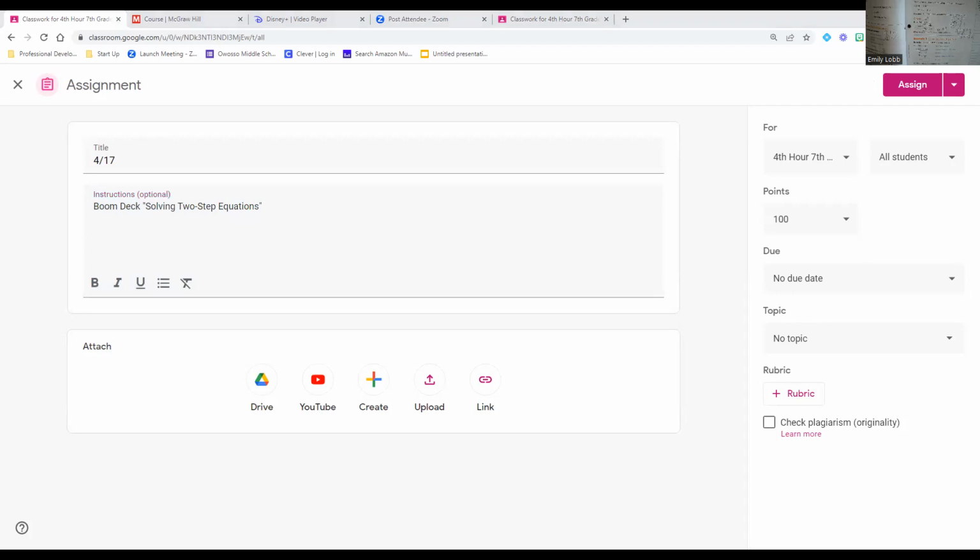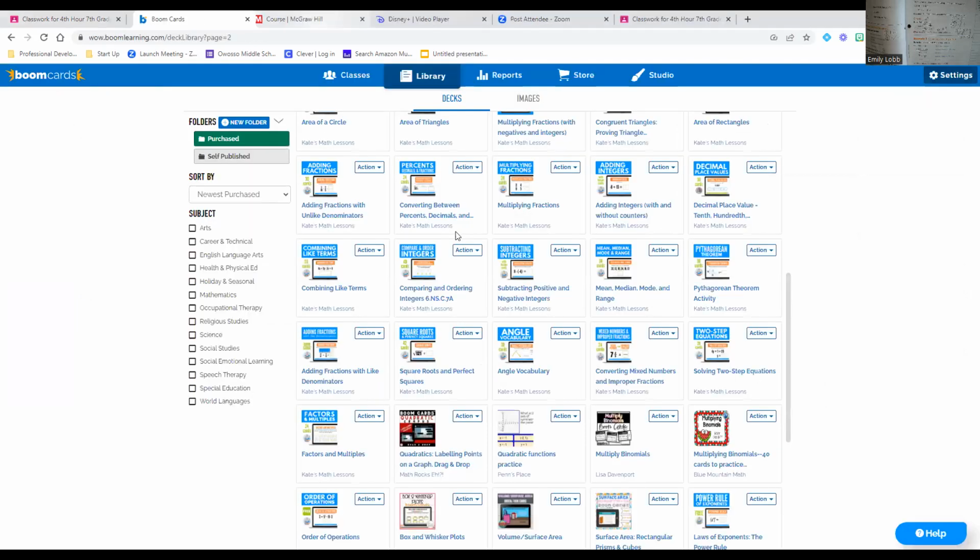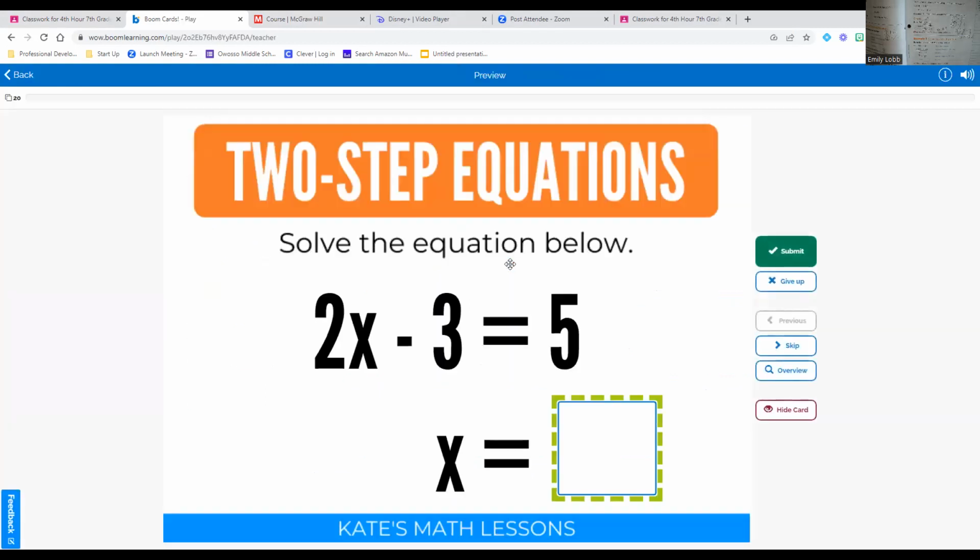So two-step equation. Where did it go? Here it is. As you're looking at it, you might want to write them down, right? So you might want to write this down and write +3. You can do it in the margins of your text if you want to, or grab a spare sheet of paper, but be sure you remember that you're doing the opposite.